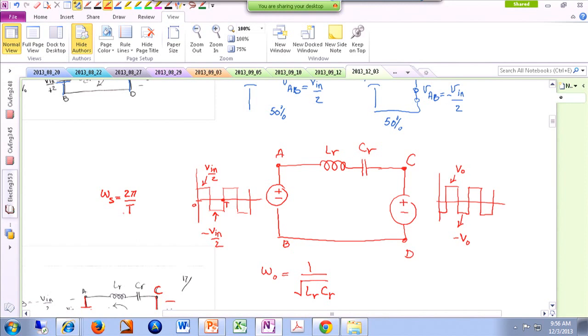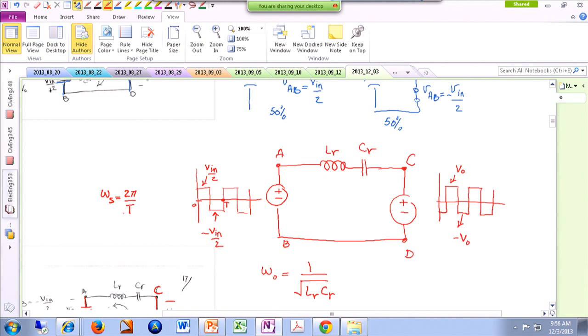All right. So depending on the ratio between omega s, which represents our switching frequency, and omega naught, which is the resonance frequency, we can observe different behaviors in the system. Usually, omega s and omega naught are very close to each other, otherwise you don't really get good-looking signals.